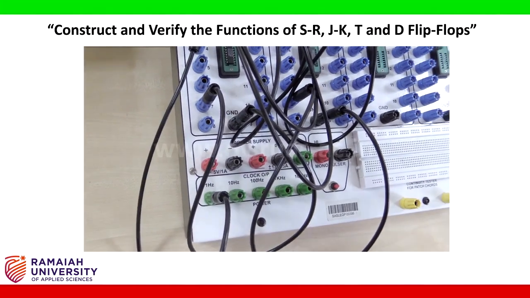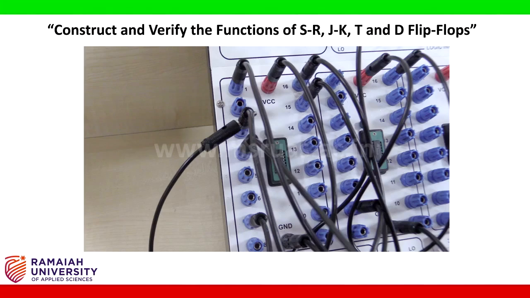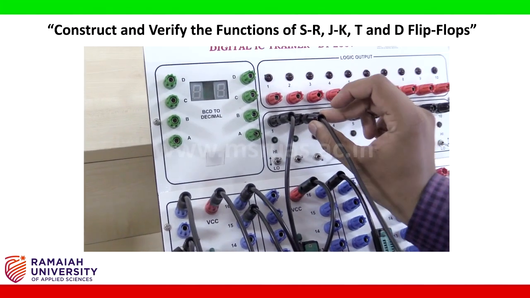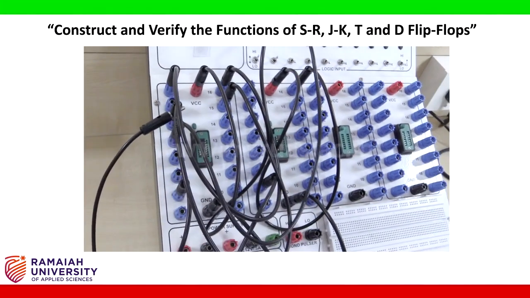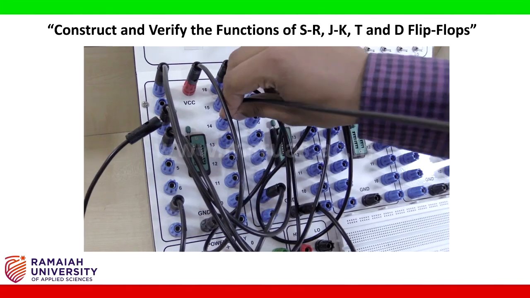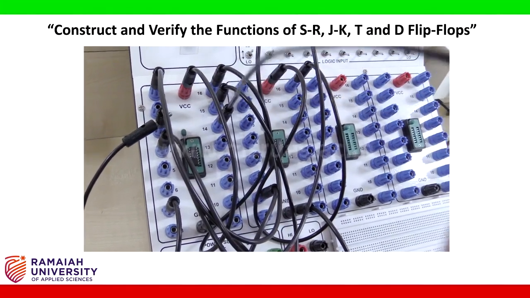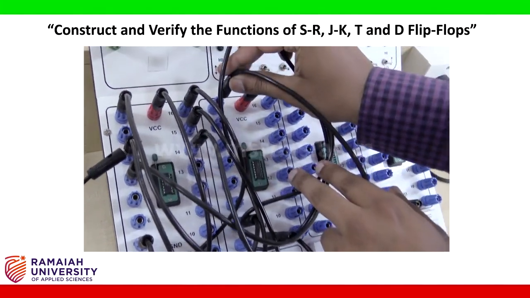Now pin number 4 is another input that represents the K input. I am going to connect it to the input knob. Then pin number 12 is connected to pin number 1 of the 2-input NAND gate, that is the second IC base. Here I am connecting.